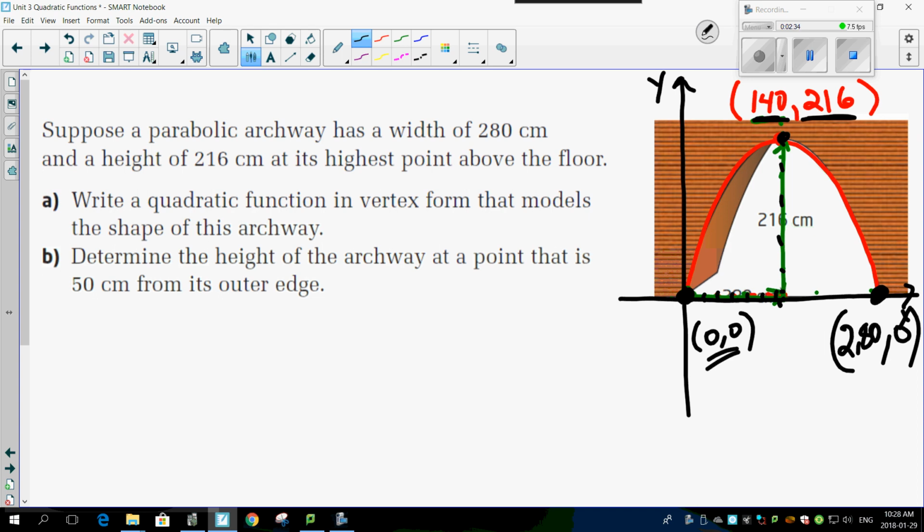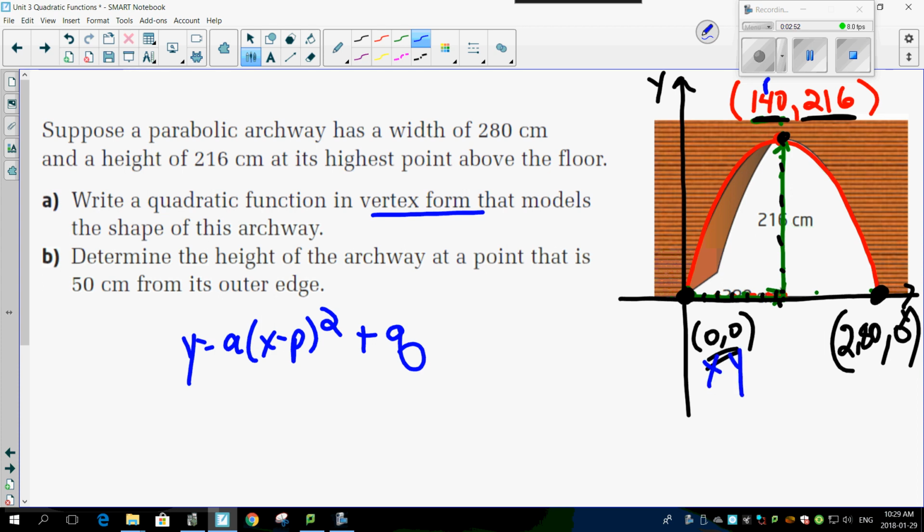Okay, so here we go. Write an equation of the quadratic in vertex form for the archway. Simple, simple. Here we go. y = a(x - p)² + q. Let's start putting the values in. There's my x, there's my y, there's my p, there's my q. All right, so my y equals 0.